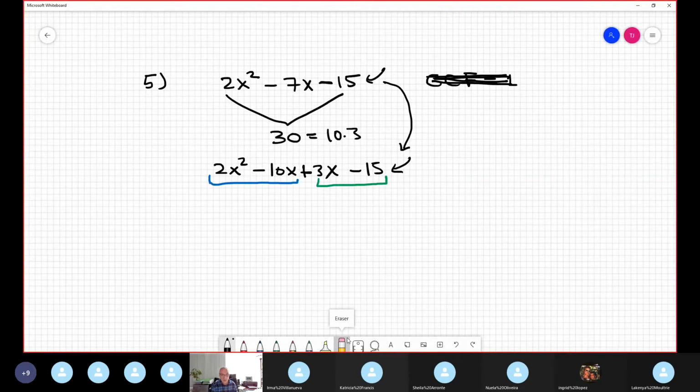You focus on the blue color. What is the GCF in the expression? You ignore mentally, erase, delete in your mind 3x minus 15. You focus on 2x squared minus 10x. What is the GCF? 2? Only 2? 2 times 5 is 10. No. It's 2. I partially agree with you. And x is not common.